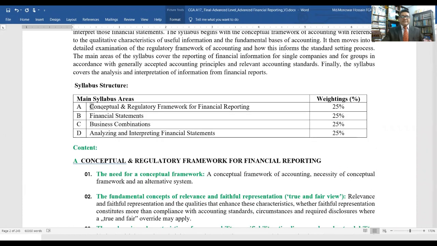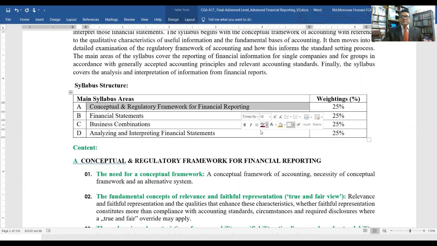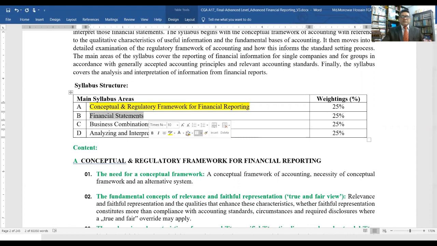So we learn basically the conceptual and regulatory framework for financial reporting and financial statements, business combinations, and analysing and interpreting the financial statements.